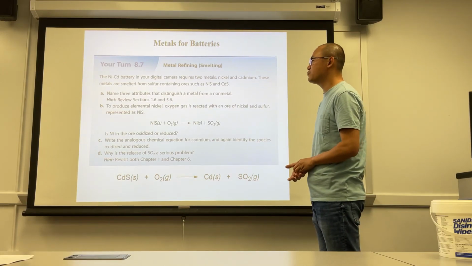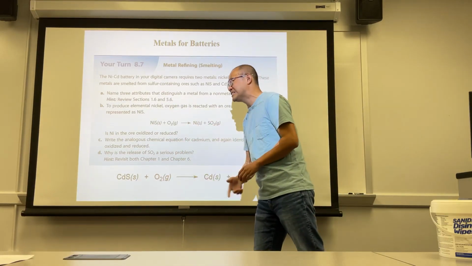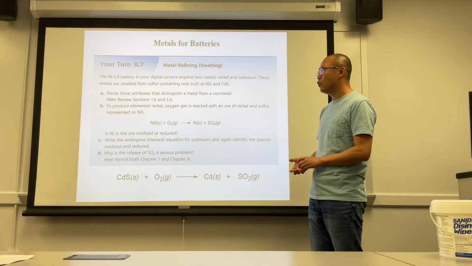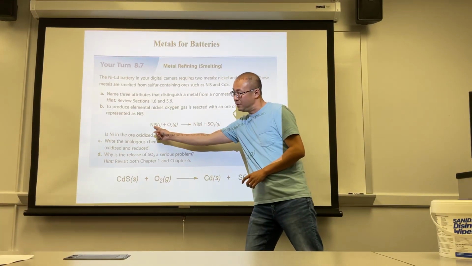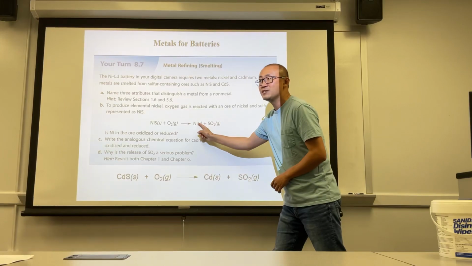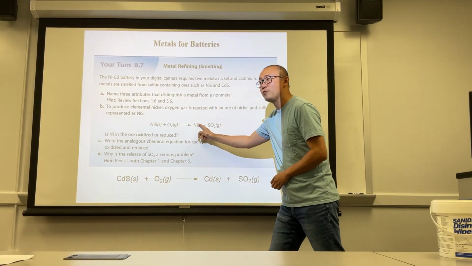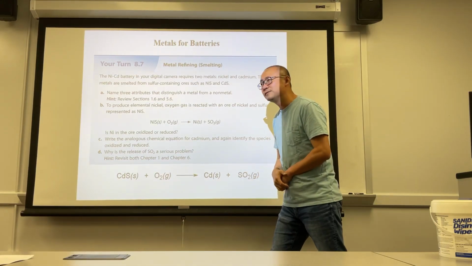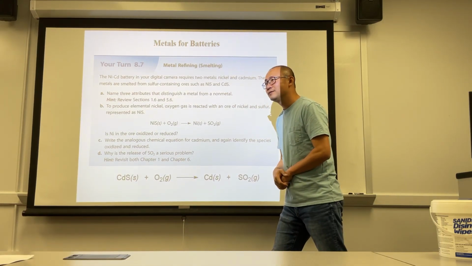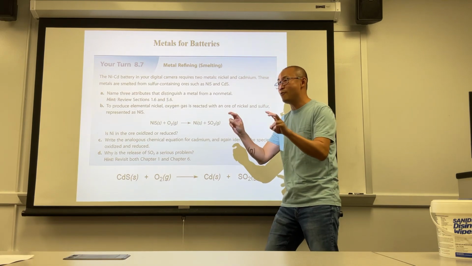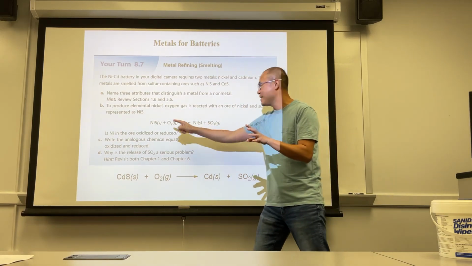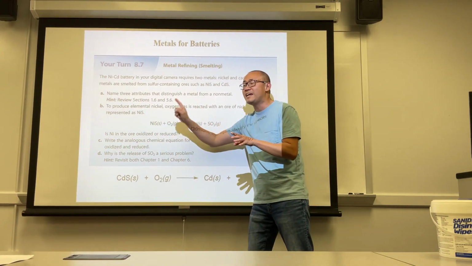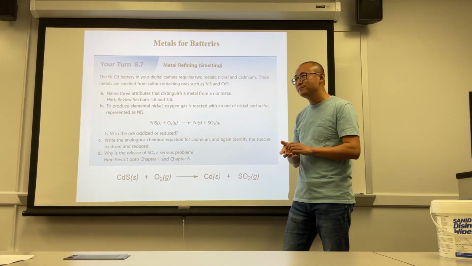If you take a look at this reaction, a quick question: do you think nickel in the ore is oxidized or reduced in the end? Would it be oxidized since you're losing? You're thinking the right way, but is this nickel losing or gaining electrons? Gaining, so it'd be reduced.